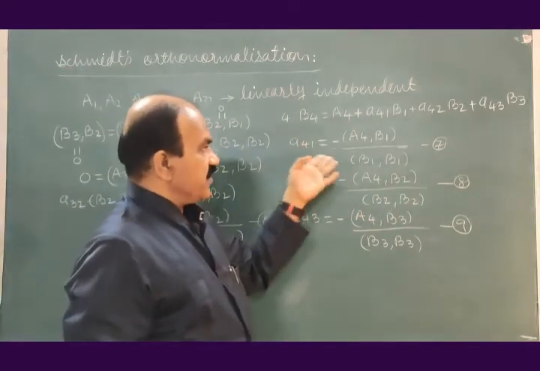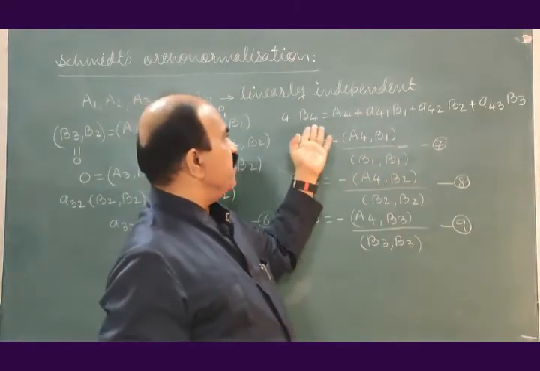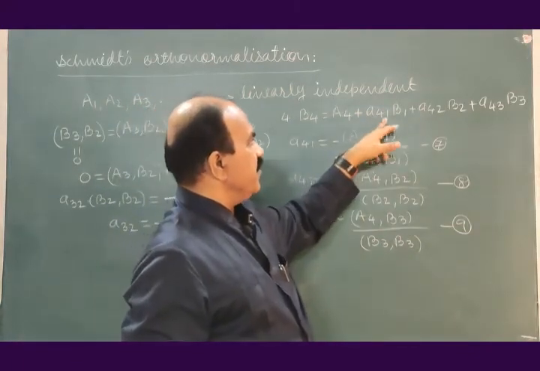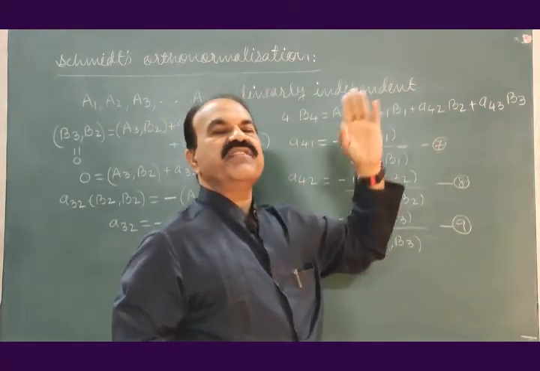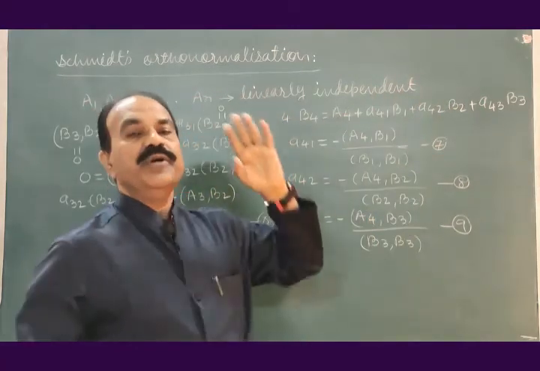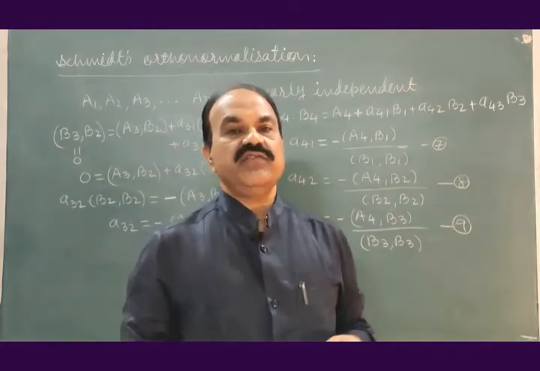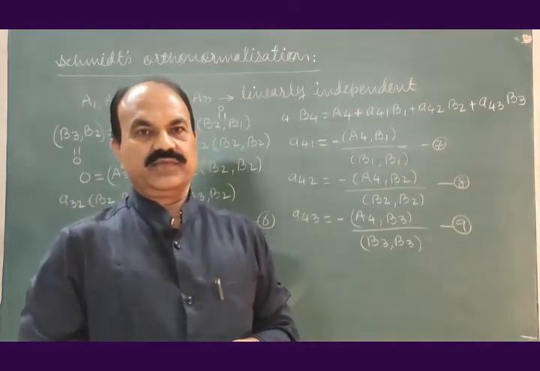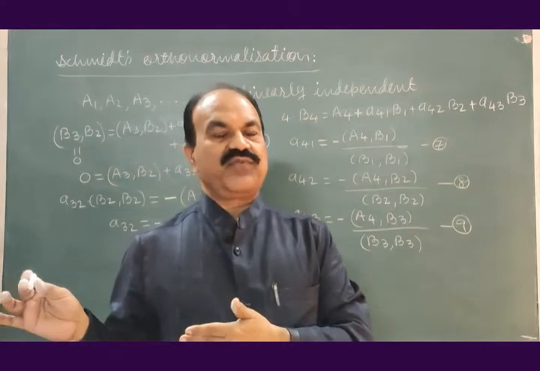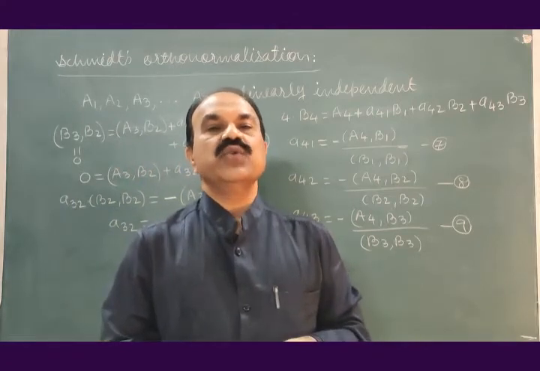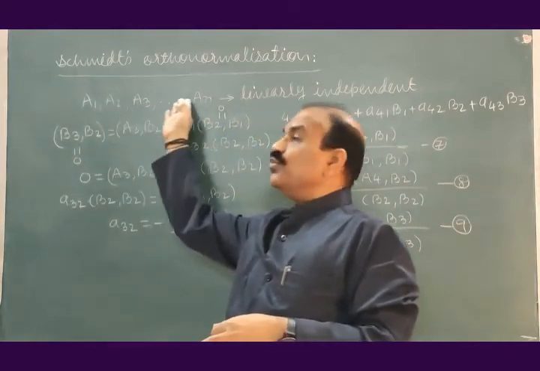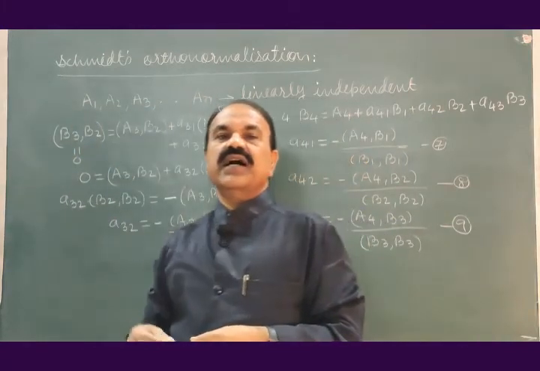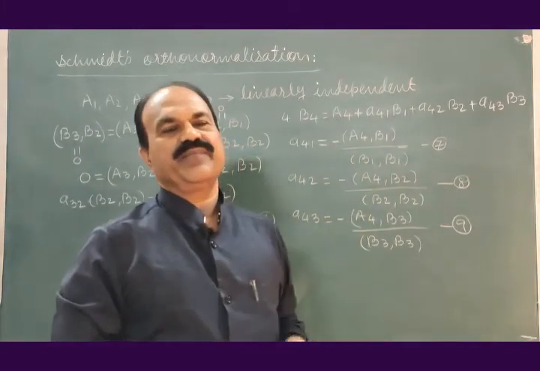Now put these values from equations 7, 8, 9 into this equation. Now all terms on the RHS of this equation are known and so b4 can be easily found. 4 members from the set of orthogonal or orthonormal vectors corresponding to these are found here.